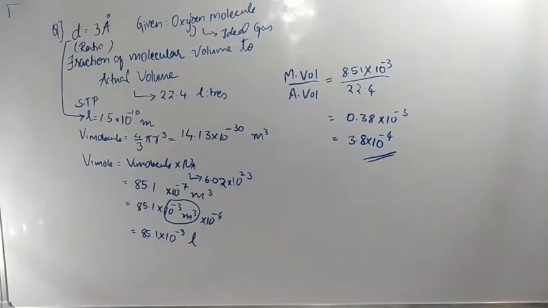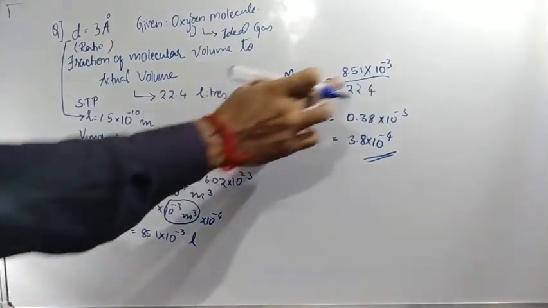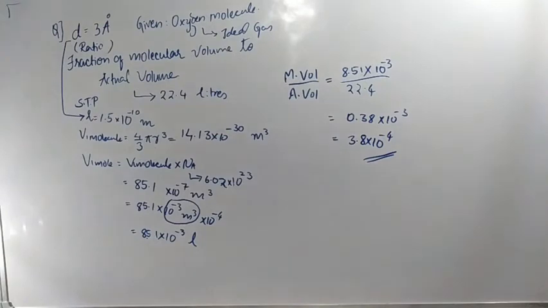No units over there. Liters will get cancelled. 22.4 liters, 8.5 into 10 to the power of minus 3 liters will get cancelled. Clear? Note down.